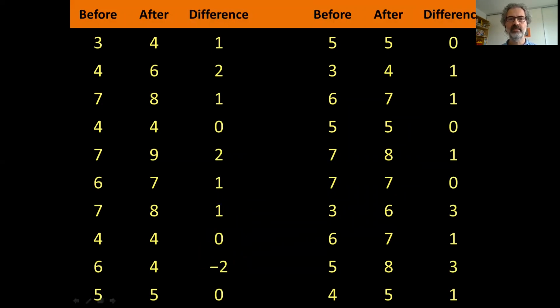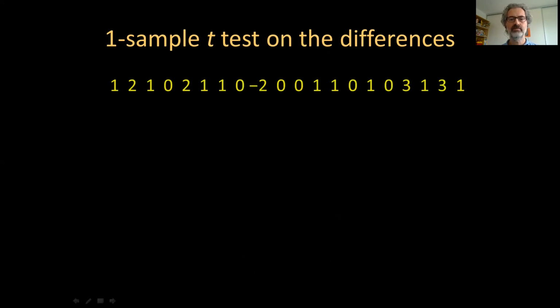we don't need the original scores anymore because the paired samples t-test is identical to the one sample t-test on the differences. So by subtracting the after minus before, we have created a new data set, which is the set of differences, and all we need to do is run a one sample t-test on that.